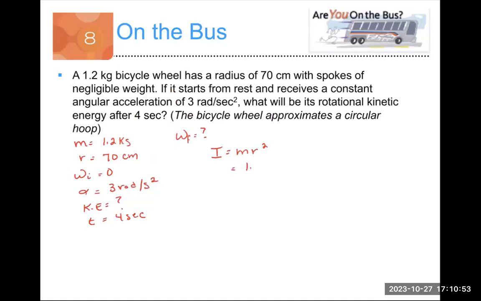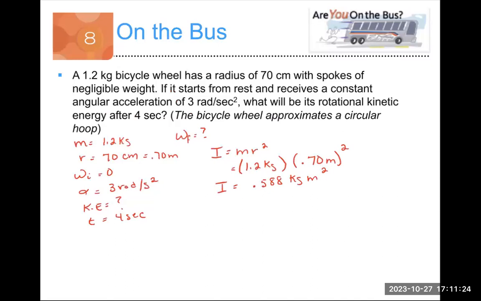So we have 1.2 kilograms times, here again, we have 70 centimeters and we need it to be meters. So that's 0.70 meters. So we can multiply that by 0.70 meters, and that's squared. So our moment of inertia comes out to be 0.588 kilograms meters squared.